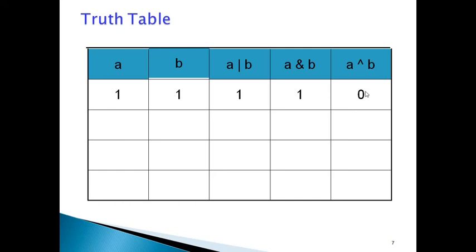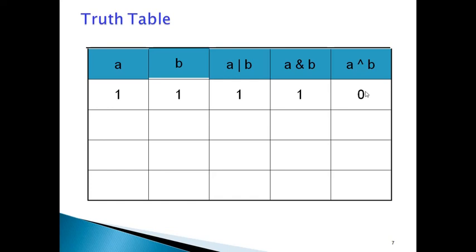These are the three operations: OR operation, AND operation, and exclusive OR operation. Once again, I am repeating the operations. OR operation: OR will give the output high or 1 when any one of the inputs equals 1.